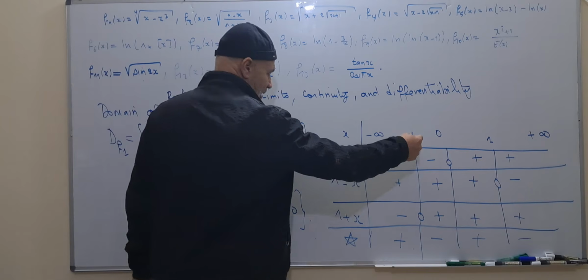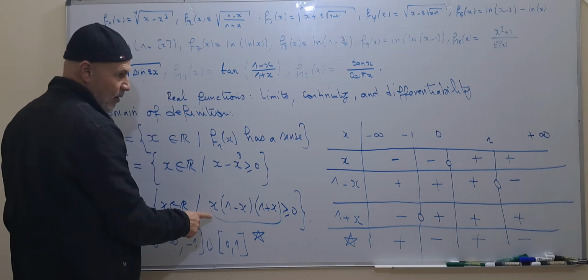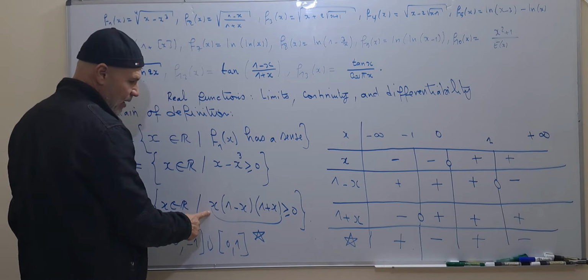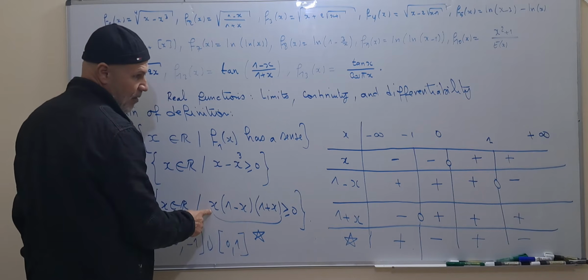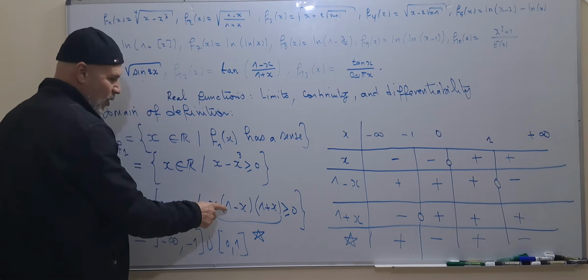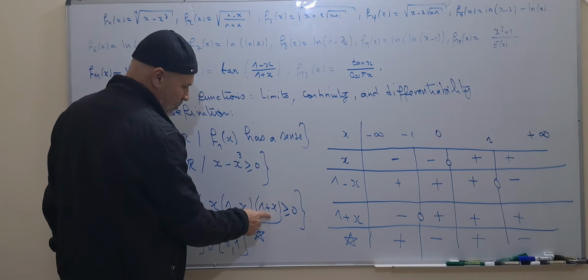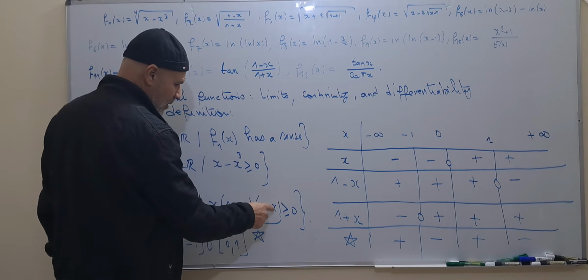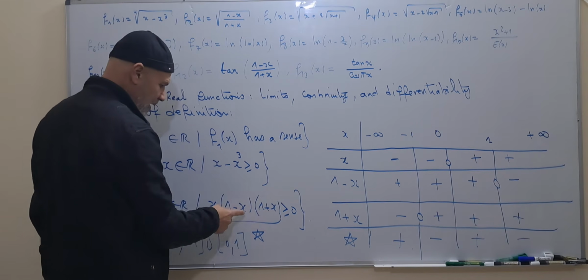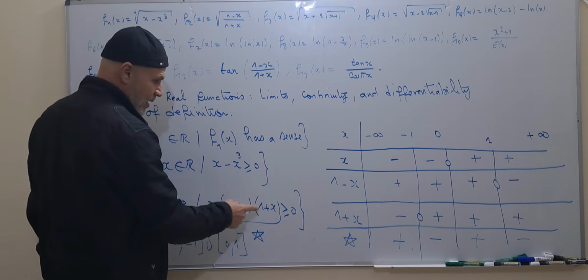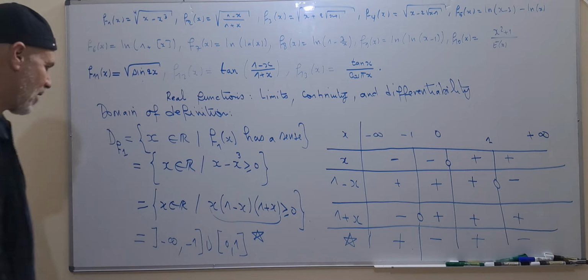If we take minus 1/2, x is negative, 1 minus minus 1/2 is positive, and 1 plus minus 1/2 is positive. So here we have positive, positive, and negative, so this is negative. For this reason, we didn't take this one.